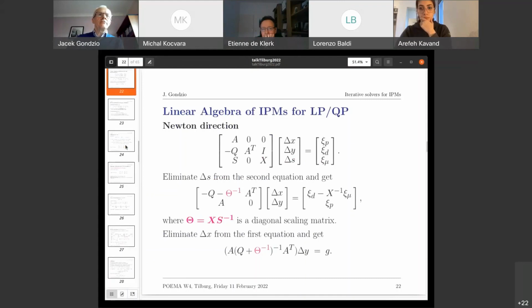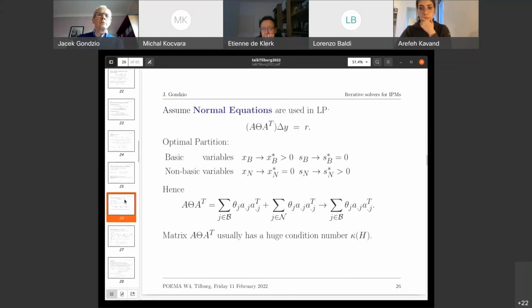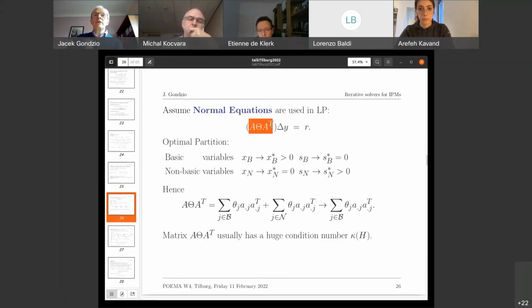If you know that there is a special structure in matrix A, then you might be able to solve this system of equations by an iterative method without ever formulating matrix A theta A transpose.